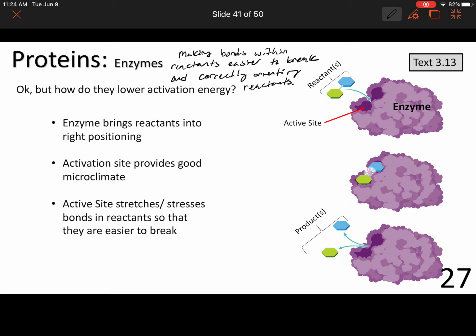So before we get into the specifics in the bullet points, let's point out the different anatomical features of the enzyme, so to speak. Really there's one feature we need to focus on, and that's called the active site. The active site is a groove, an indentation on the enzyme that has a very specific three-dimensional shape that matches specific reactants.